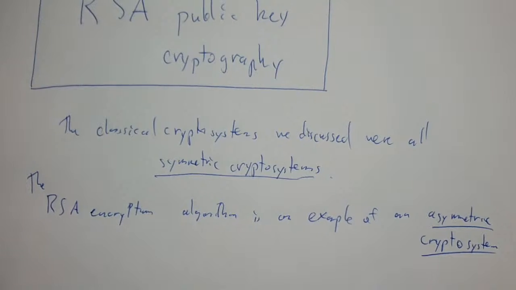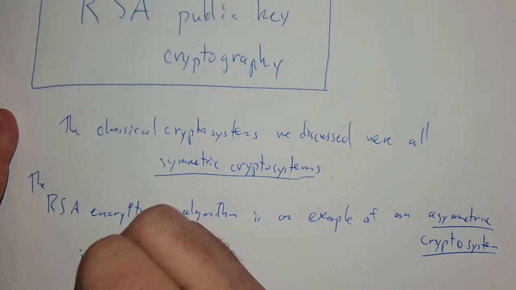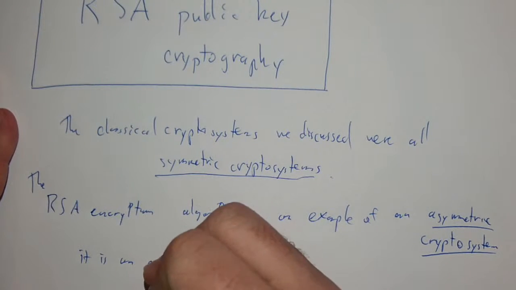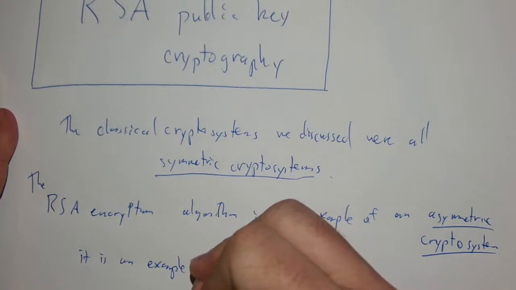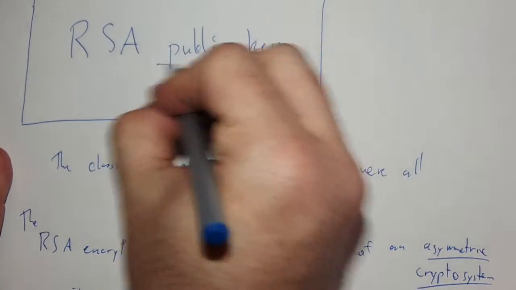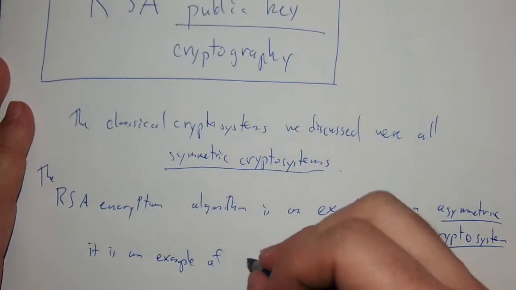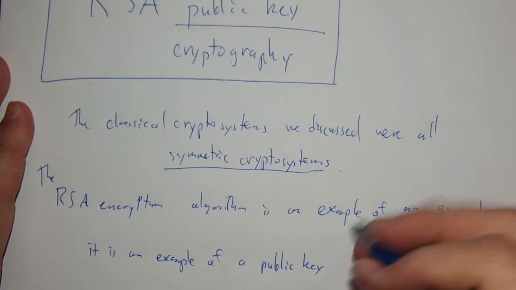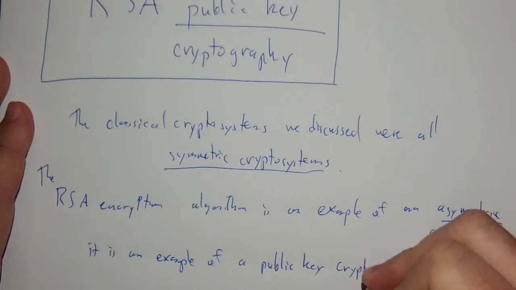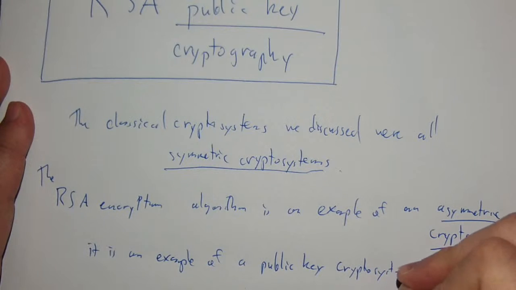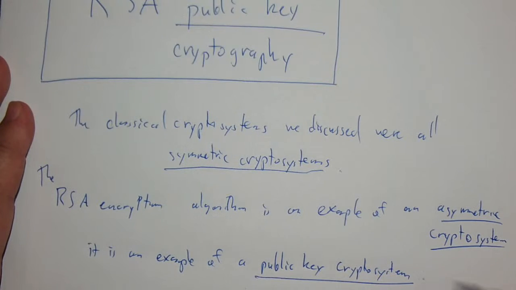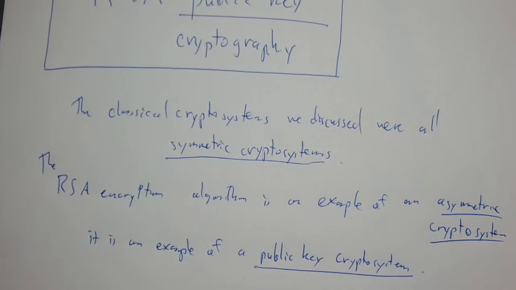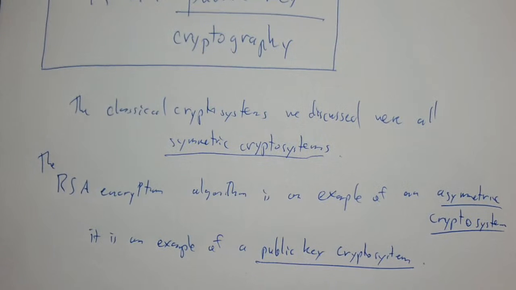But also, it is an example of, just look at the words here, a public key crypto system. Okay, which is exactly what it sounds like. The key used to encrypt is actually publicly available.